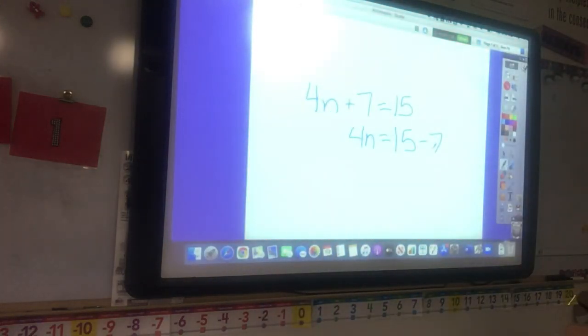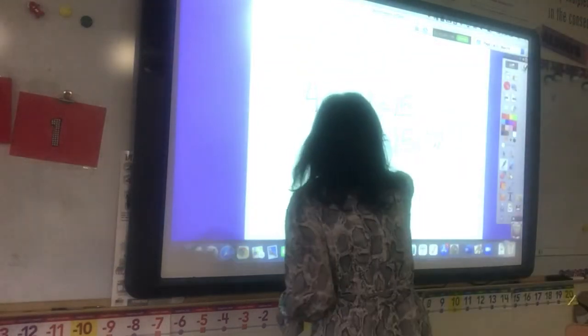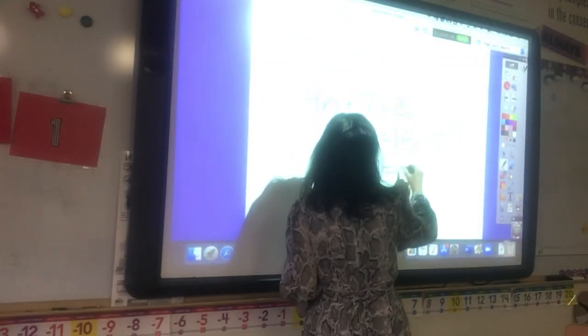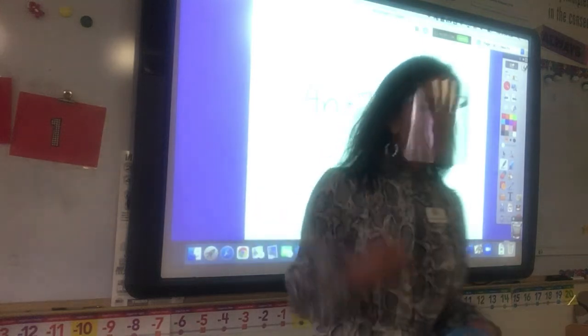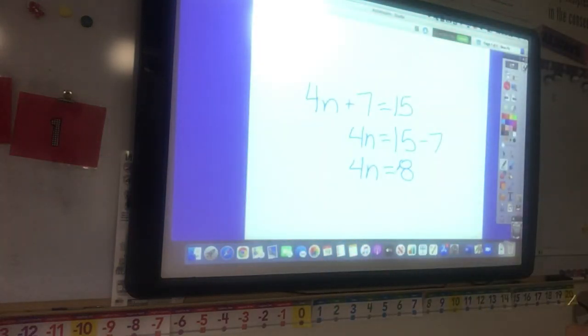Okay, next thing we need to do is solve 15 minus 7. Lucas. 8. So our last thing to do is we have 4n equals 8. And we need the 4 to go to the other side. So what's going to happen when I take the 4 over to the other side, Annika? We're going to divide 8 by 4.